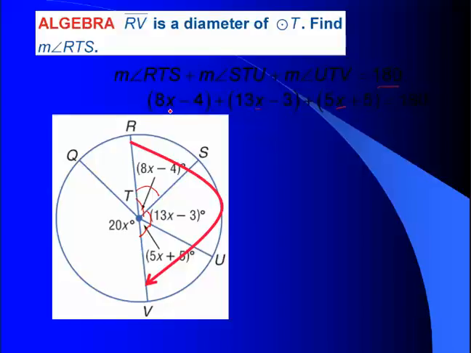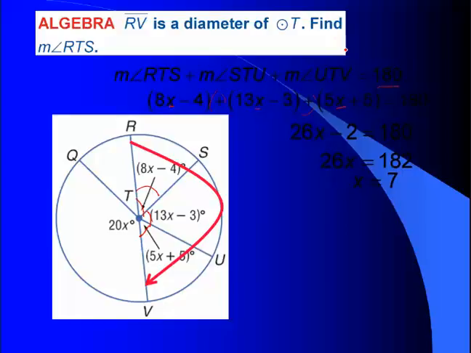They are alike in that sense, and I'm adding them. They're all positive numbers. Then I'm going to get 26. Negative 4 minus 3 is negative 7, plus 5 is negative 2. So when I combine my like terms, I get 26x minus 2 equals 180. Now if I add 2 to both sides, and then divide by 26, my x equals 7.